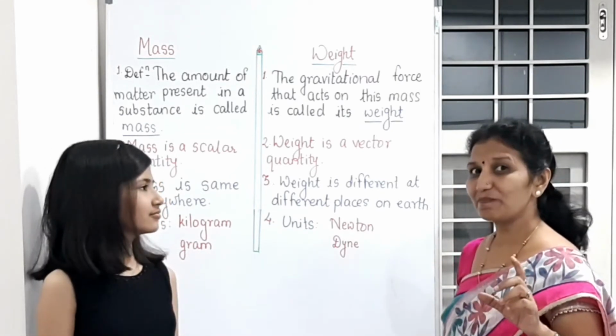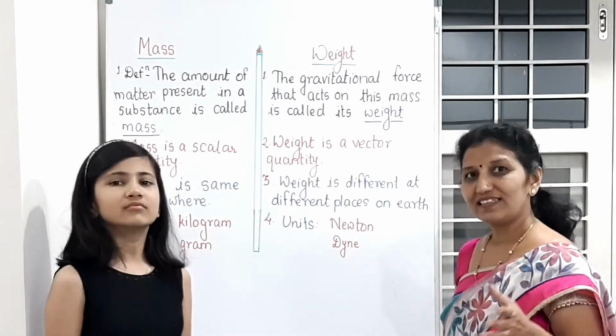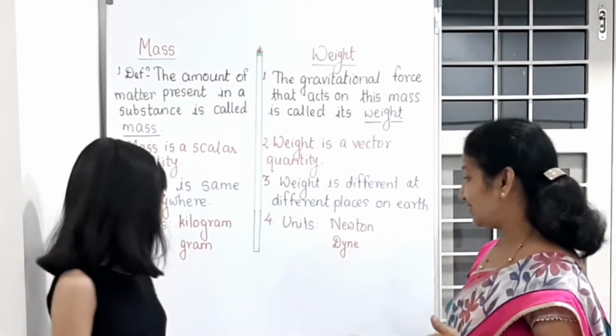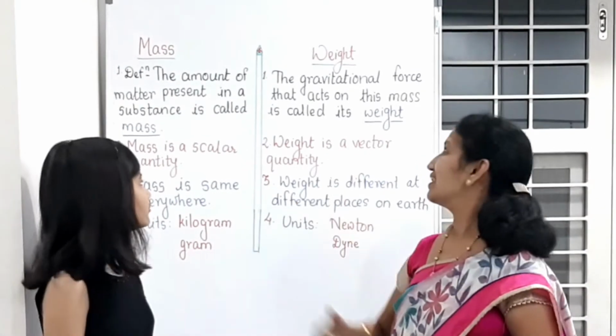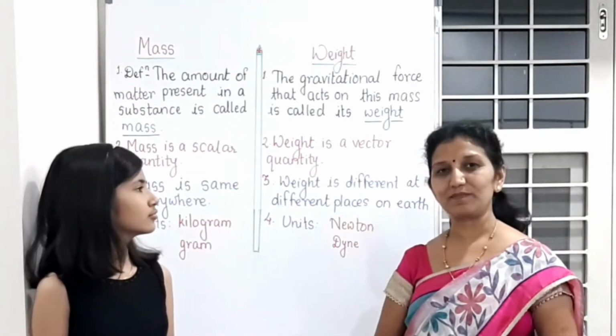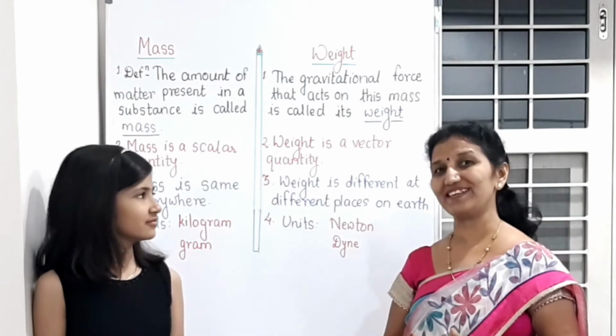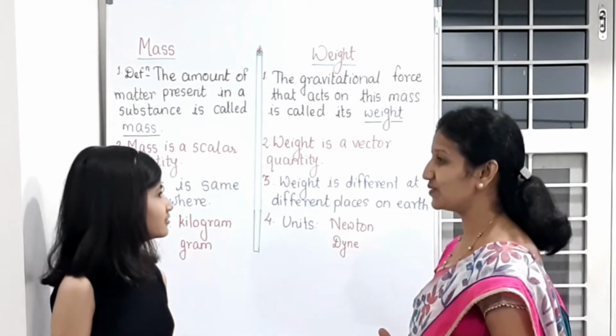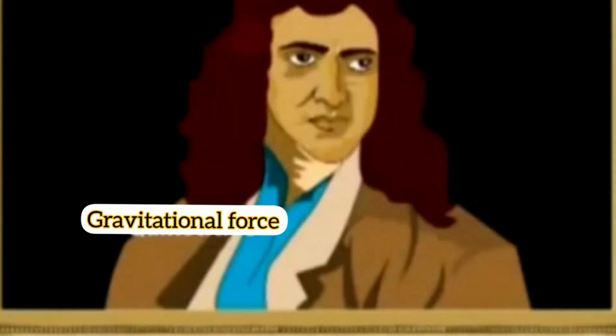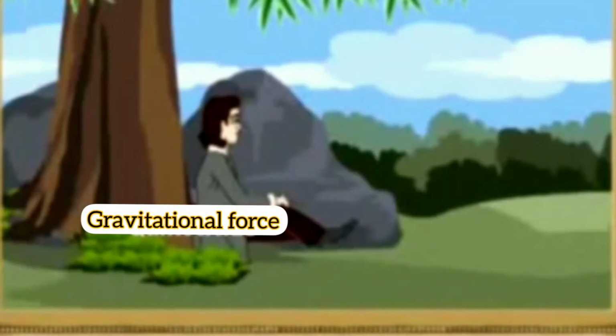And at that time, there was the invention of gravitational force. Then he worked on it, he researched on it. A young man called Isaac Newton was sitting under an apple tree.